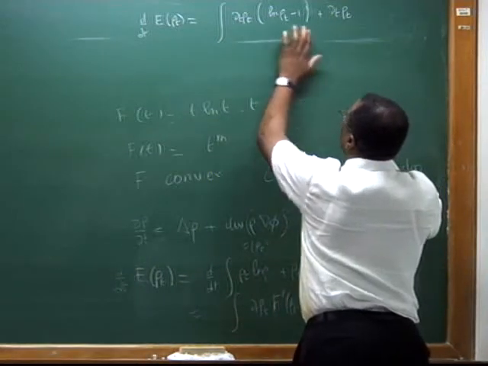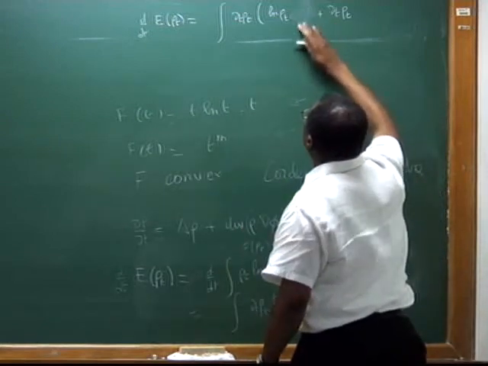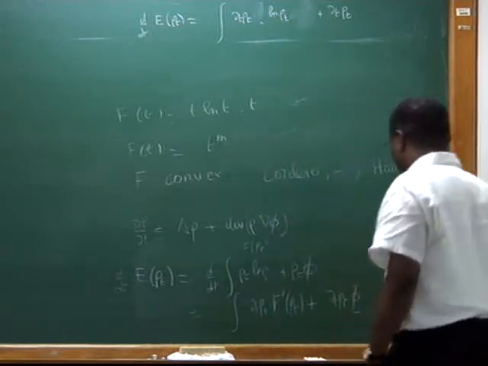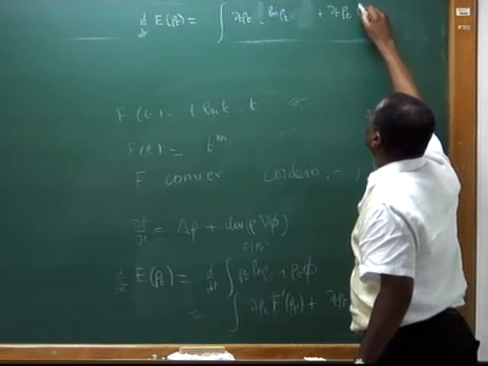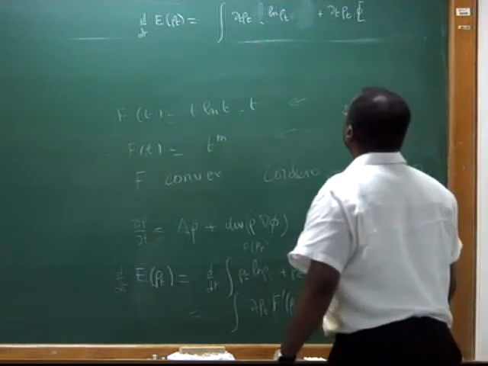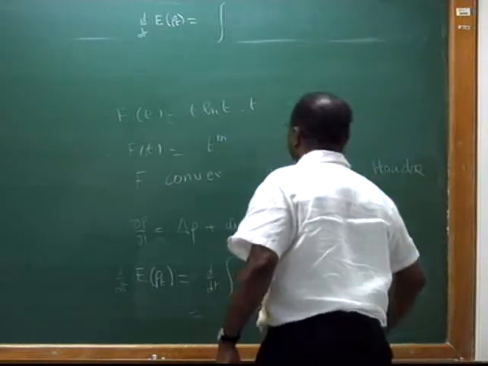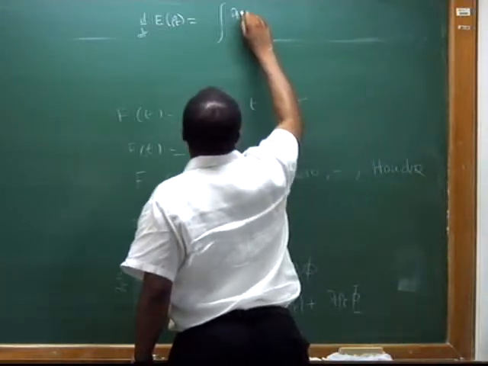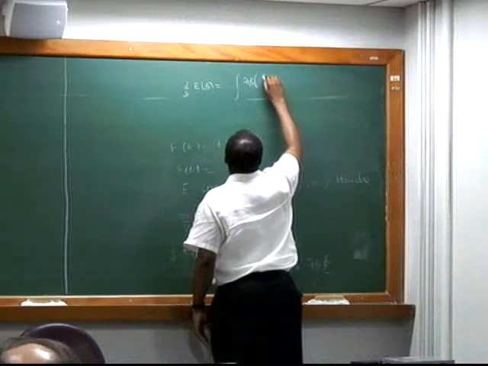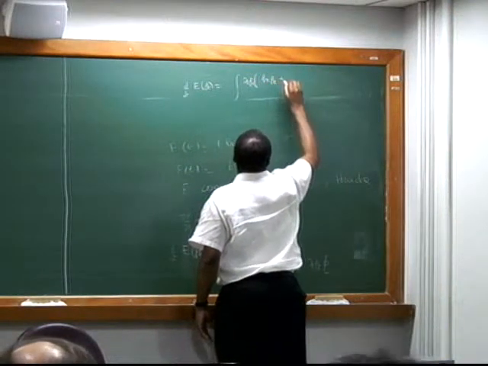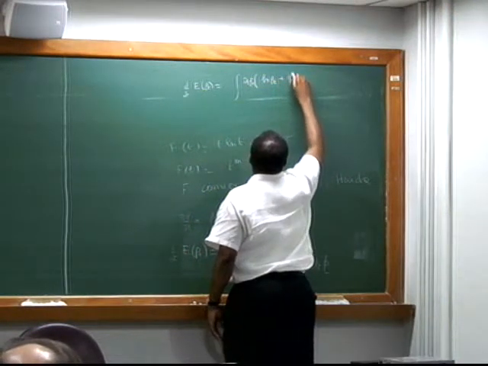If I integrate dt of rho t, I'll get 0. So this is what I have, in fact. And it is better to put this in factor: dt of rho t, log of rho t plus phi.